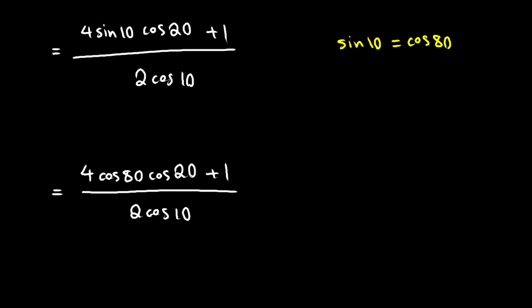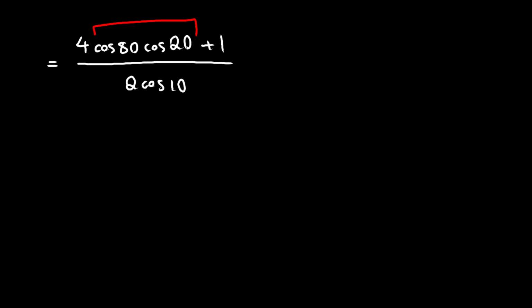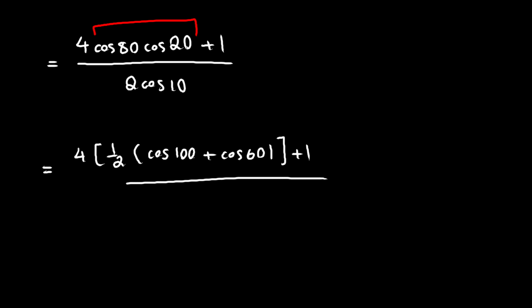Now, since we have a product of cosines, we can apply the first formula we used in the video, and we will have 4 times the quantity 1/2 of cosine of 80 plus 20, which is 100, plus cosine of 80 minus 20, which is 60. And then notice that cosine of 60 is equal to 1/2.